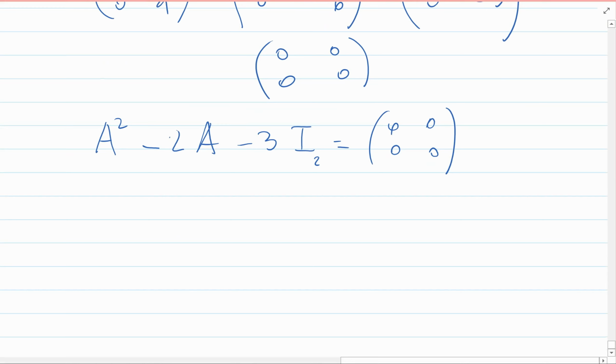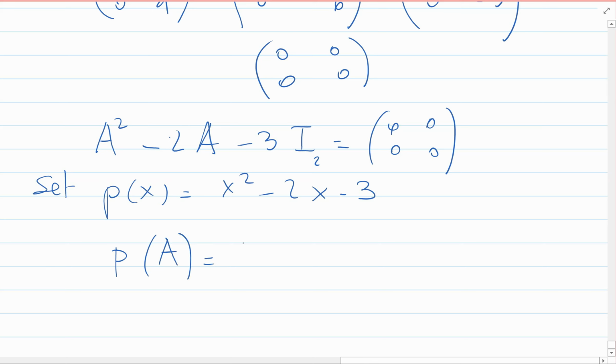This is just a simple example, but in fact something very interesting happens. If we consider P of x to be x squared minus 2x minus 3, and consider now P of A to be A squared minus 2 times A to the power 1 minus 3 times A to the power 0, which is I, you can see that this is equal to the zero matrix.